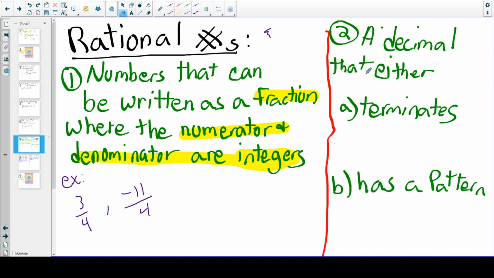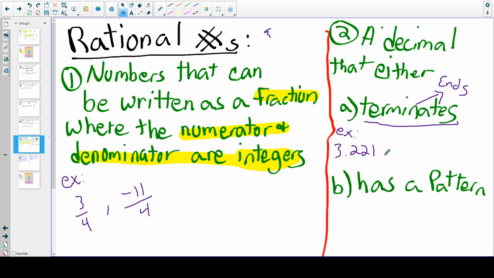Okay? So that's one way we can define a rational number. Another way we can define a rational number is if it's written as a decimal that terminates. If you don't remember, terminates means ends. As an example, if I write 3.221, is this rational? It's not a fraction, but it is a decimal. Does the decimal end?